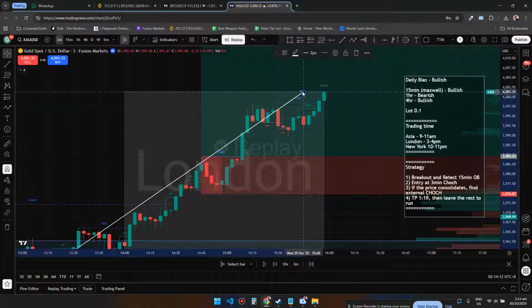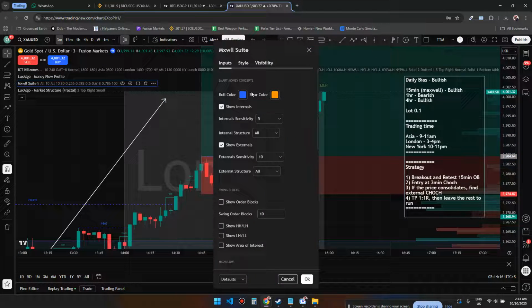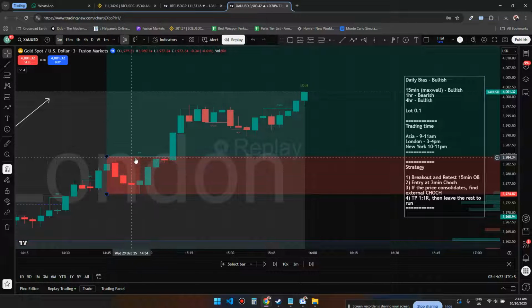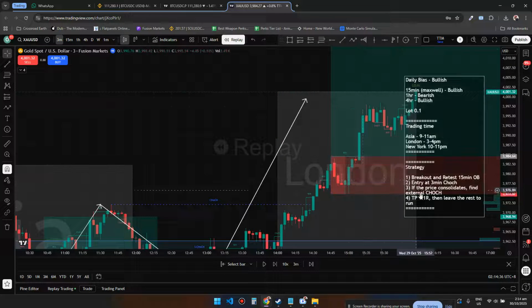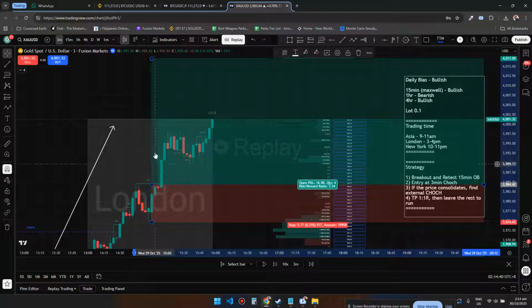Okay, so here you can see there is a bullish break of structure. This bullish break of structure is where I will enter my entry, and where do I take profit?